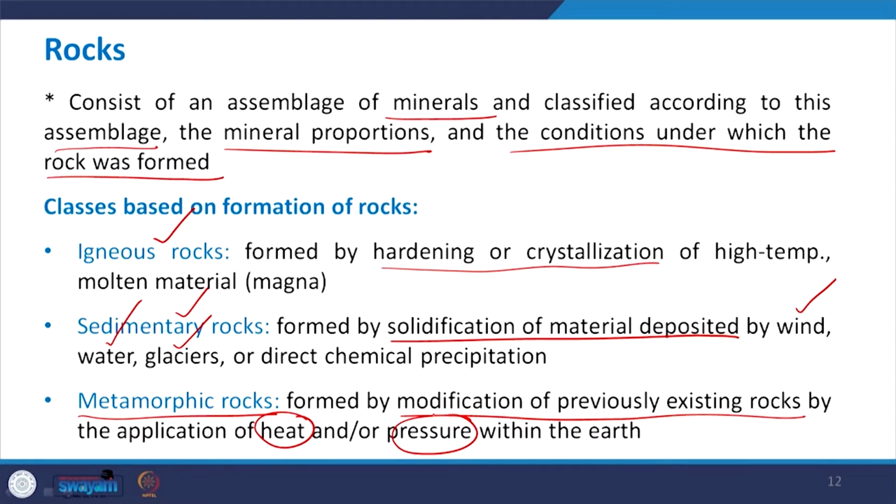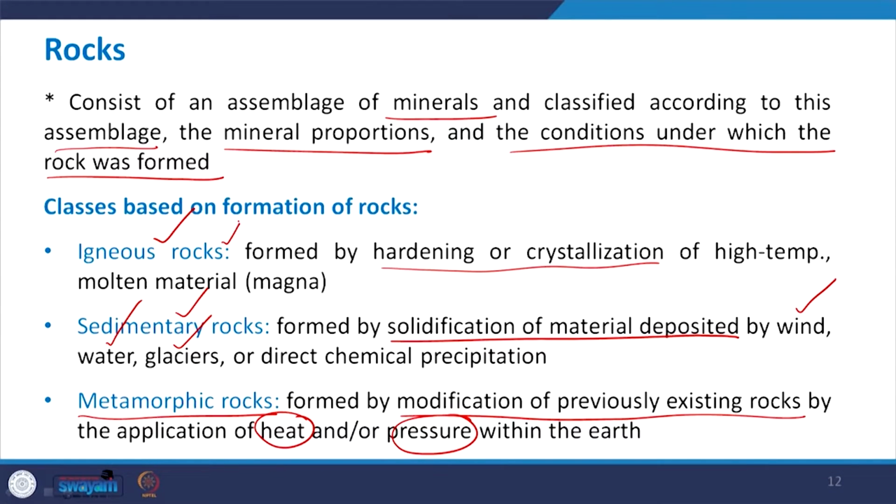the earth. So, once again, igneous rocks: molten material erupts, cools down and then hardens, crystallization takes place, giving rise to igneous rocks. Sedimentary rocks are formed by solidification of the material deposited by natural agencies like wind, water, glaciers, etc. When any rock which is already existing gets modified by the application of heat or pressure or both inside the earth, then that rock is called a metamorphic rock.